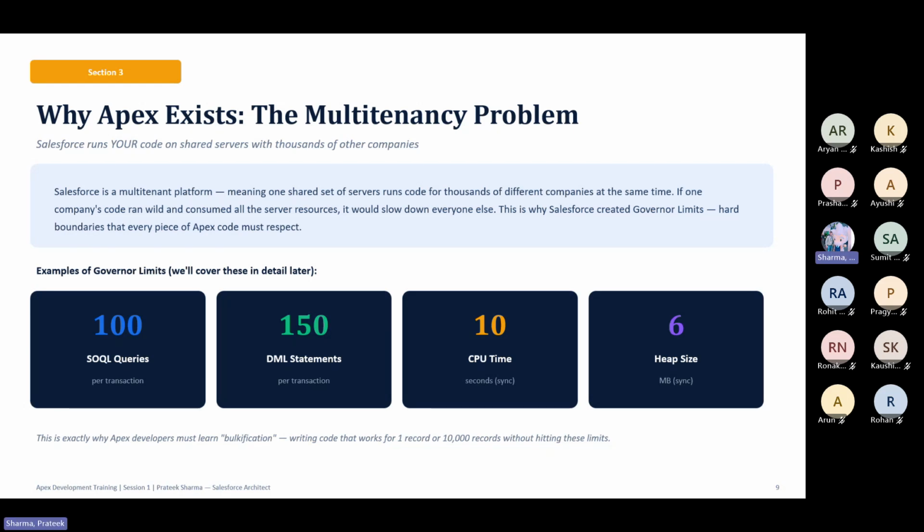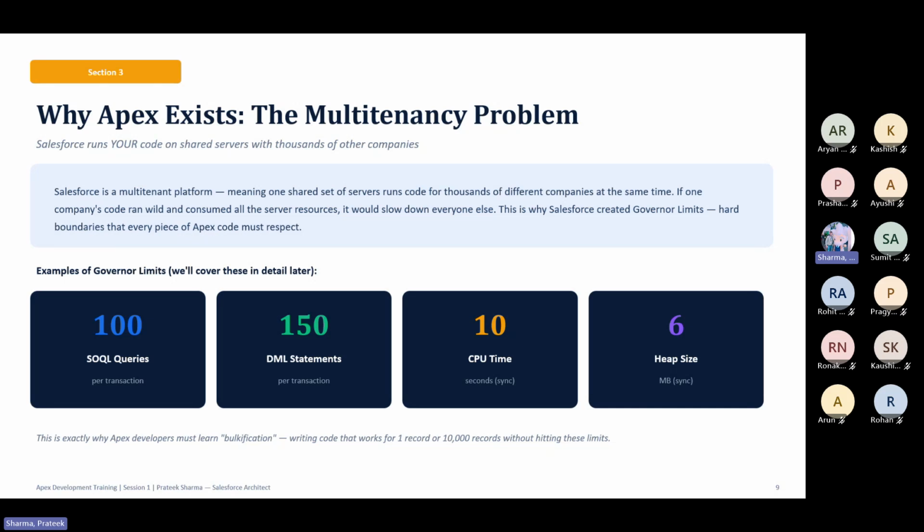And your code should be such that it won't create problems for the server, right? So there are some governor limits applied by Salesforce, and your code must follow those rules, and then only will your code run without any problem on the Salesforce server, right?